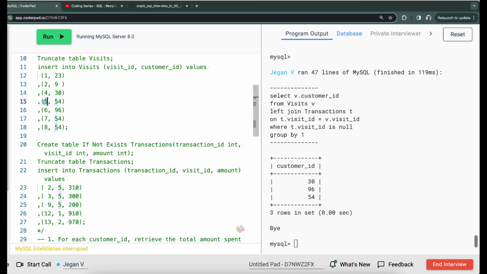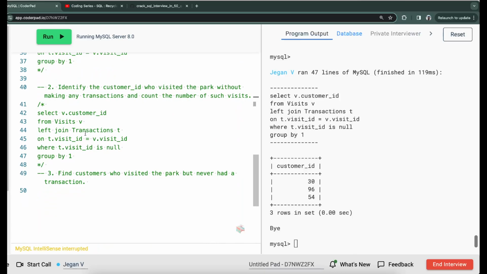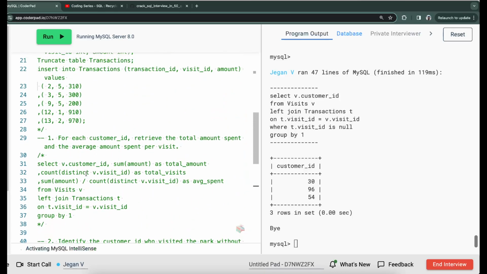For 5 we have a transaction record. For 7 and 8 we don't. That means customer 54 has a transaction for a few visits and doesn't have a transaction for a few visits. But the question here is find the customers who visited the park but never had a transaction.